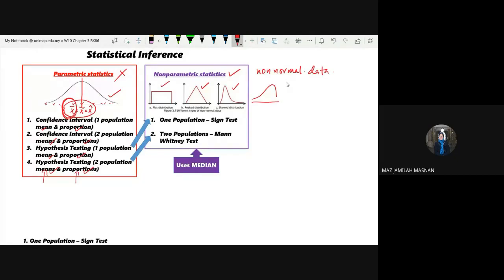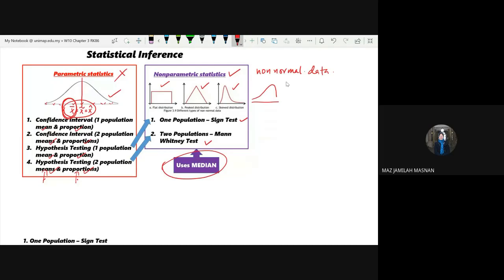For one population, we are going to use the sign test. For two populations, we are going to use the Mann-Whitney test. And unlike parametric statistics, where we use the population mean, sample mean and sample proportion, in non-parametric statistics we are going to use the median. Why median?